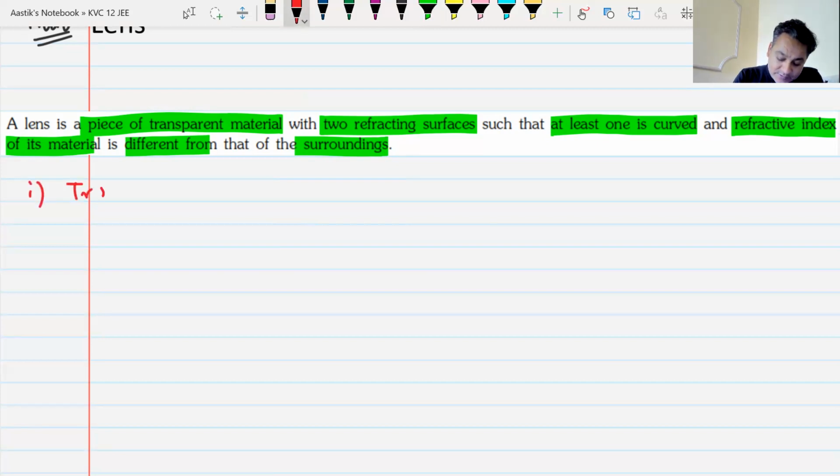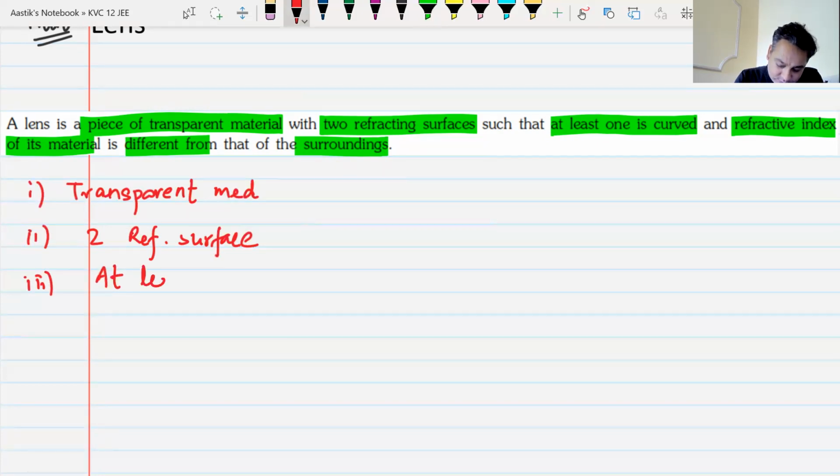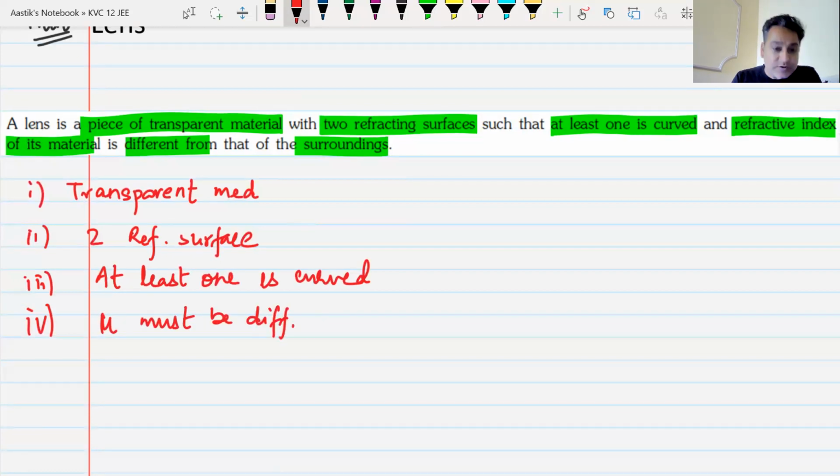What are the 4 points? It must be made up of a transparent material. Number 2, it must have two refracting surfaces. Number 3, at least one must be curved. And fourth, mu must be different from surroundings.